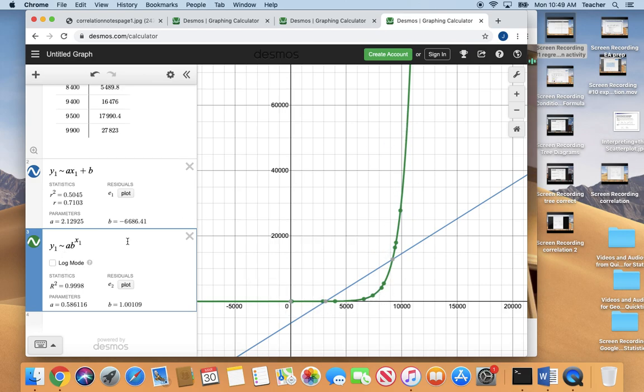Now again, your calculator for exponential will also give you an r value that will also be close to 1 in this case, but that's because it transforms this to linear data using a bunch of math that we're not going to talk about here because it's beyond what we're doing in this class. But basically this r squared being so close to 1 tells you that this is a really, really good fit for this data.